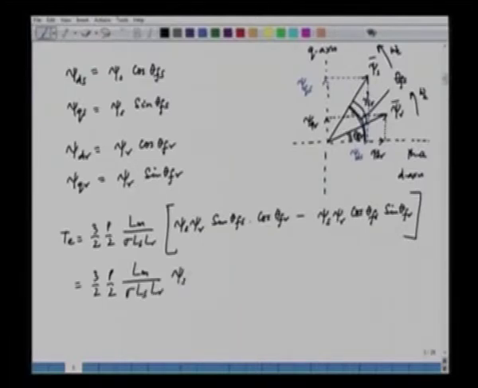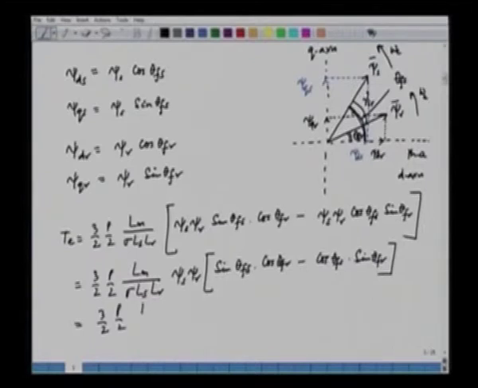So, we have psi s and psi r common, with sine theta fs into cos theta fr minus cos theta fs into sine theta fr.